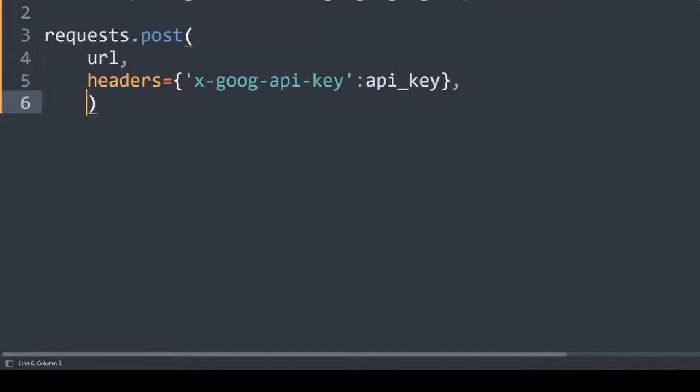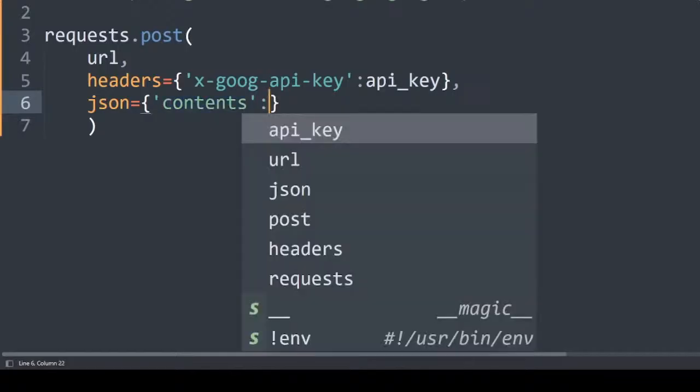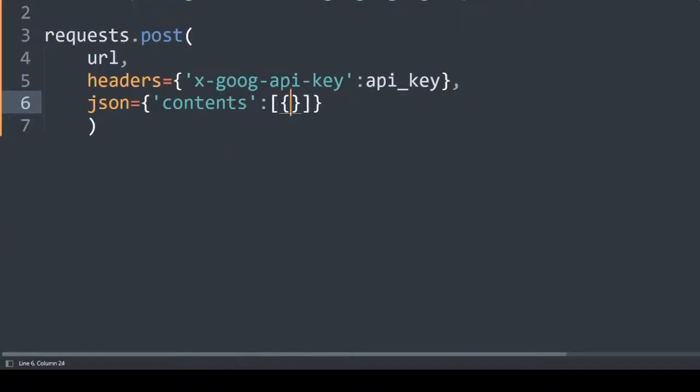The next thing we have to say is the JSON, and the syntax is important. We start with curly braces, and in these curly braces we are dealing with contents. In contents what we require is to deal with parts.